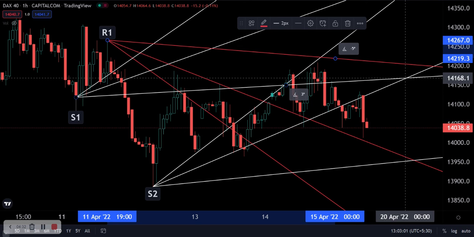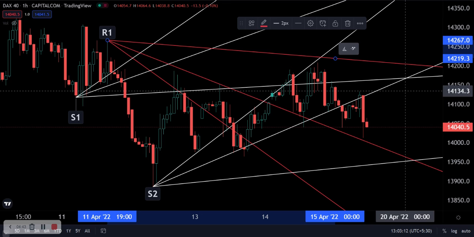You could also do a calendar spread if you have a view on volatility going forward into next week or the next month. But essentially an iron condor would be a good place to start for a sideways market.